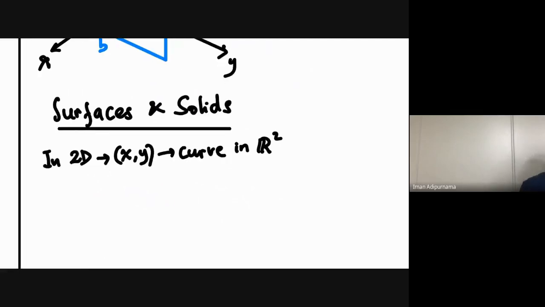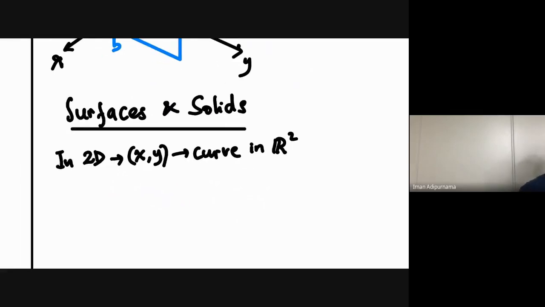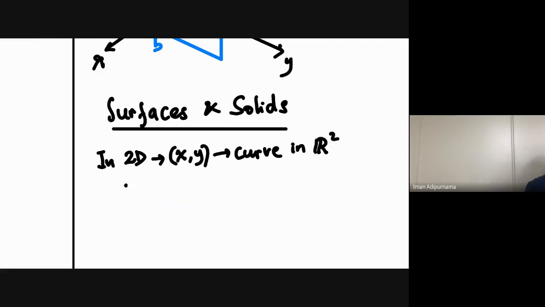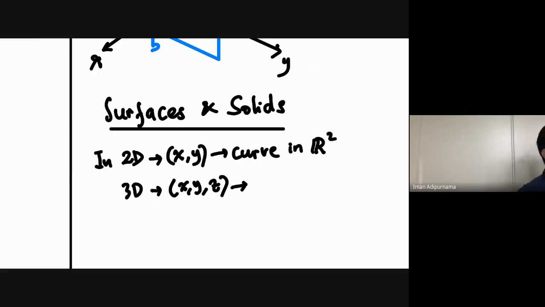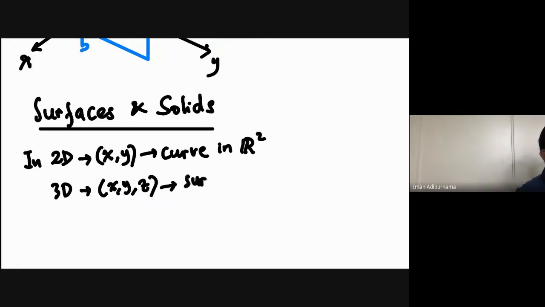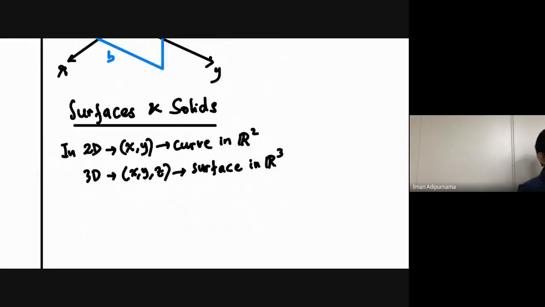This is the term for 2 dimensions. If you have 3 dimensions involving x, y, z, you will have a surface, not a curve. If you have the Cartesian x, y, you always have a curve, but if you have 3 dimensions, we call it a surface.